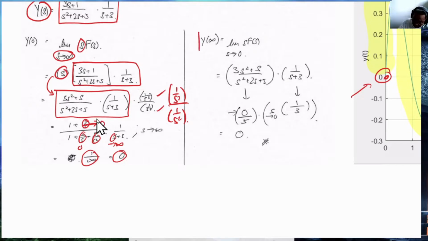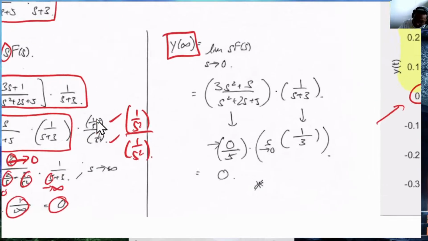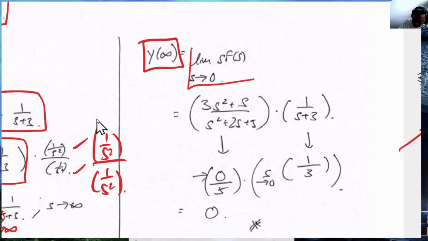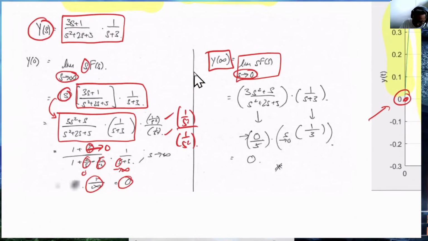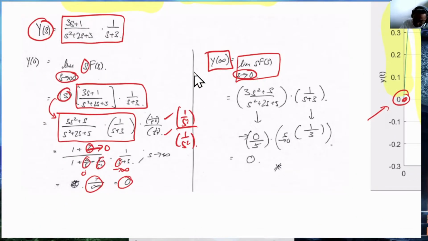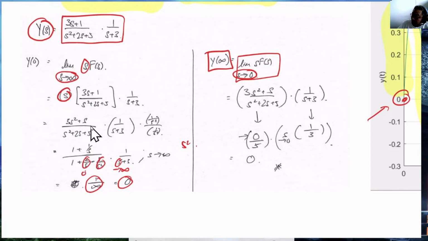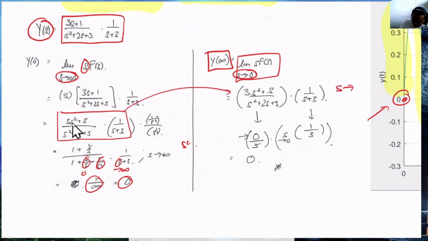What about using the final value theorem? Using the final value theorem, we have the same expression s times F(s), but this time we let s be 0. So we start from this point. We use this expression which we have calculated, and now we let s tend to 0.